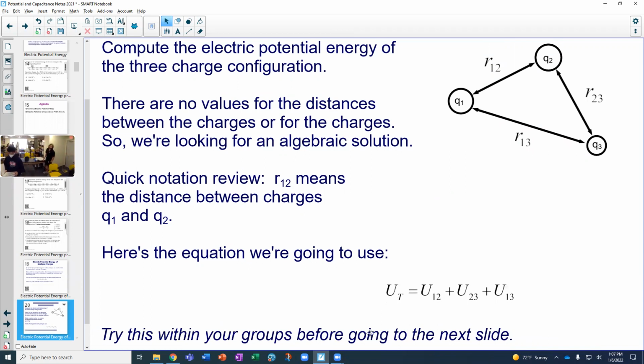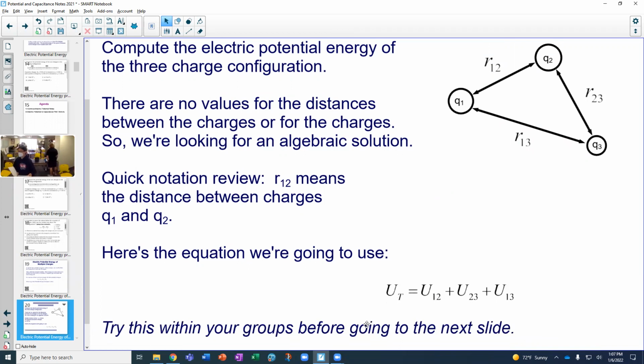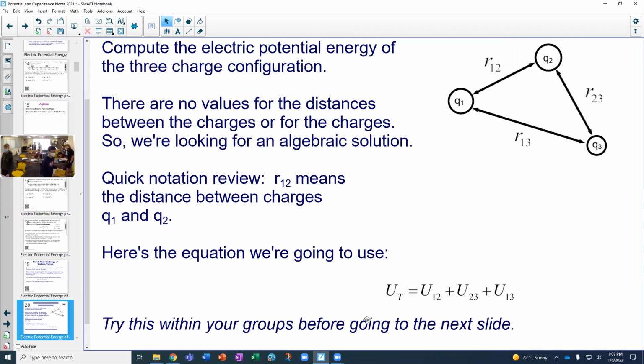Yeah, how simplified do you want it to be? As far as you can. Oh, okay.